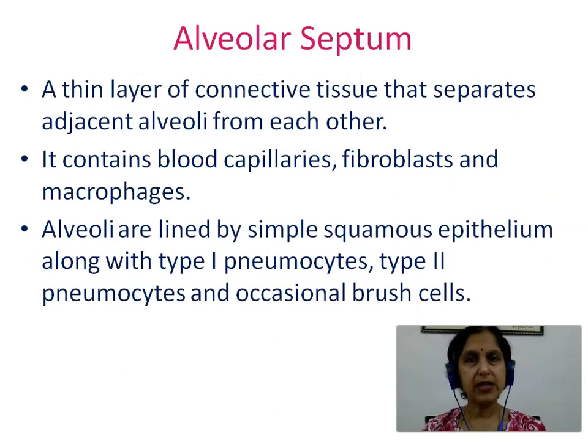Alveolar septum. This is a thin layer of connective tissue that separates adjacent alveoli from each other. It contains blood capillaries, fibroblasts, and macrophages. The alveoli are lined by simple squamous epithelium along with type 1 pneumocytes, type 2 pneumocytes, and occasional brush cells.